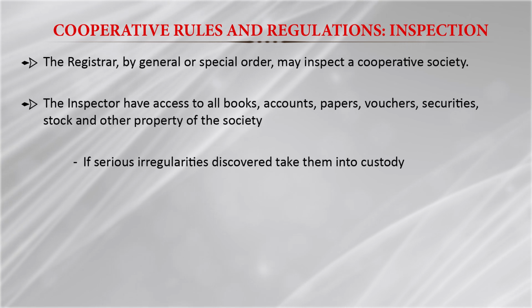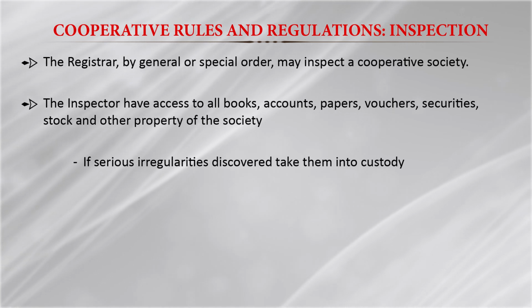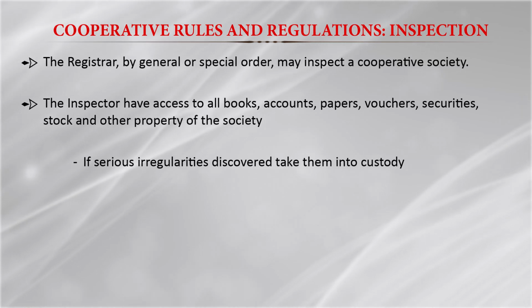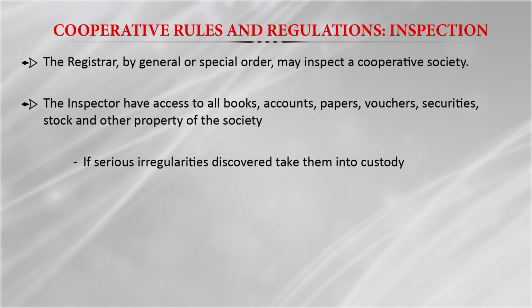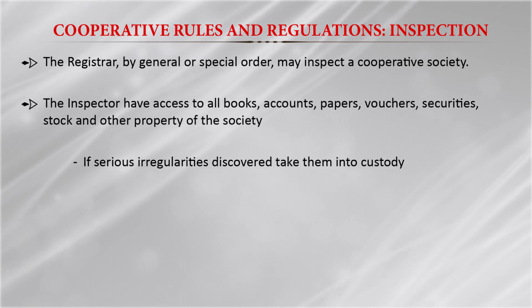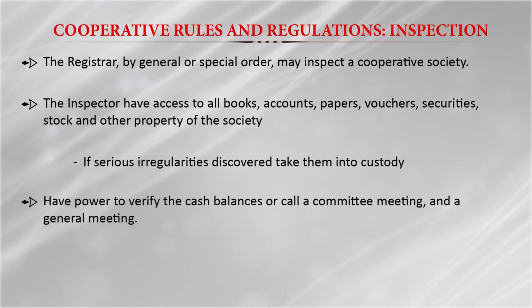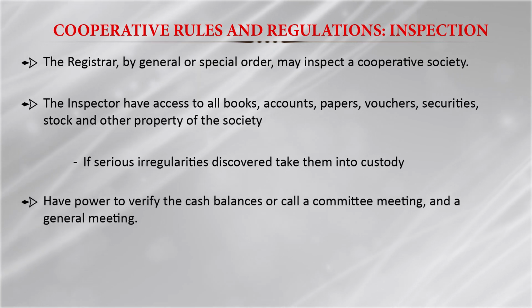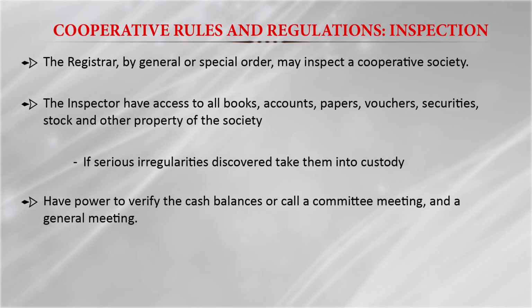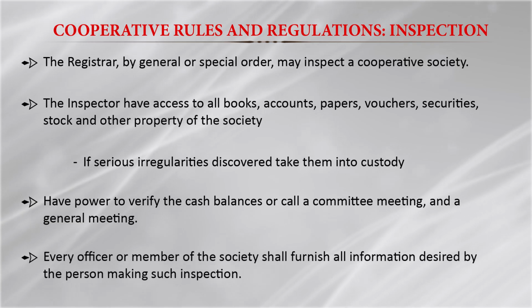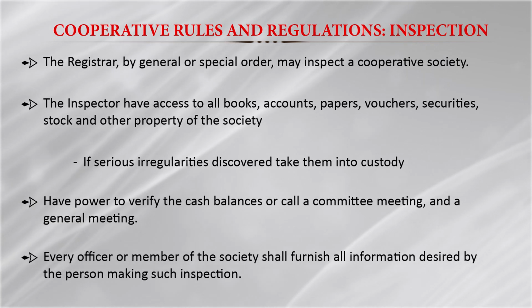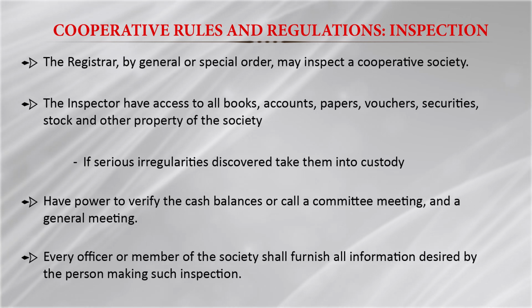And if the inspector finds some serious irregularities, then he can take the custody of all the books, accounts, papers. So that is very important. And the inspector also has the power to verify the cash balances or call a committee meeting or general assembly or general board meeting. And every officer and member of the society shall have to provide all information desired by the persons making such inspection.